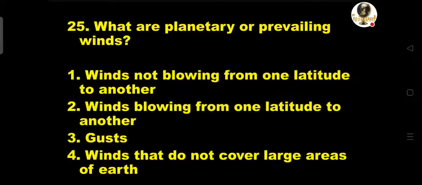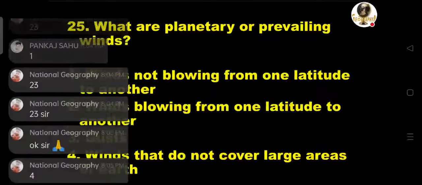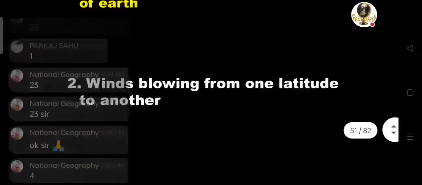Basically, planetary winds are winds that blow from one latitude to another throughout the year due to latitudinal difference in air pressure, and they cover a large area of the earth. So definitely the answer is option 2: winds blowing from one latitude to another latitude is the correct answer.